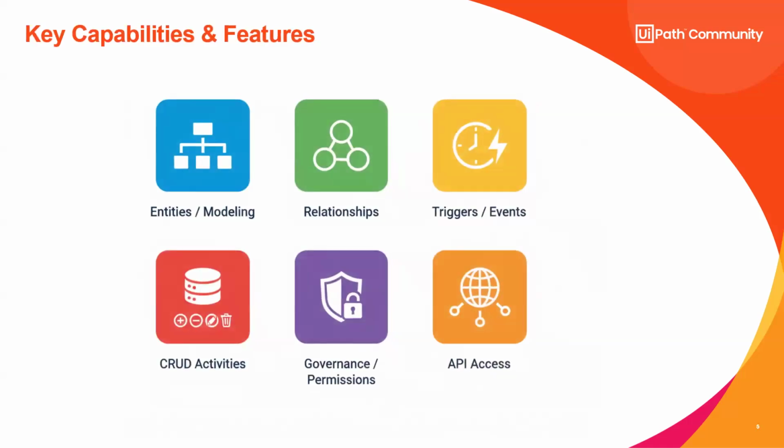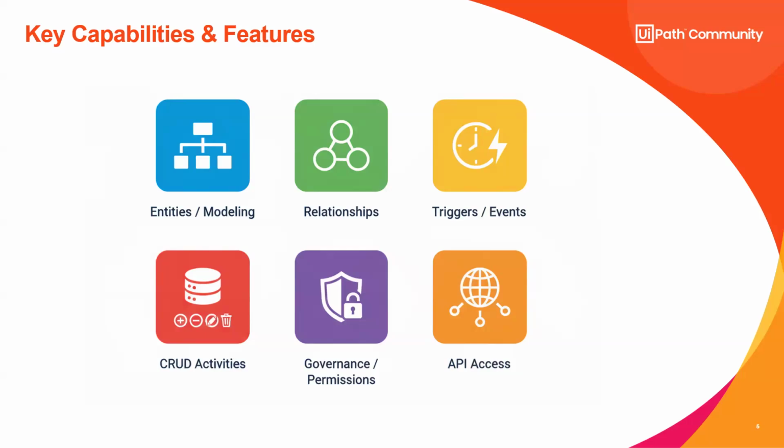Key capabilities and features. So let's break down what Data Fabric actually gives us. So first, secure governed business data storage. So you don't need to set up external database or manage SQL servers. Everything lives inside UiPath Automation Cloud.